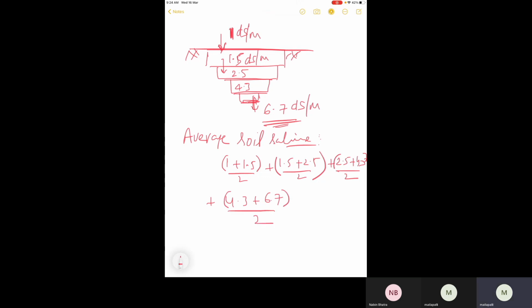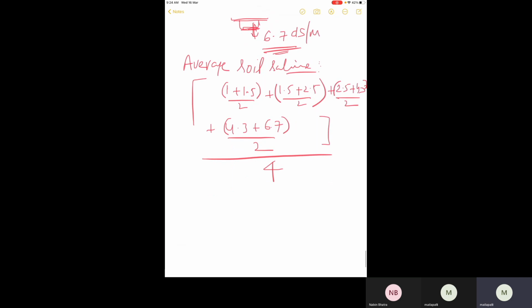How many quantities? 1, 2, 3, 4. I am going to divide by 4. Okay. So now with this, you will get EC average, which will be equal to 3 deci per meter. Once you do the math, you get 3 deci per meter as the average within the soil root zone.